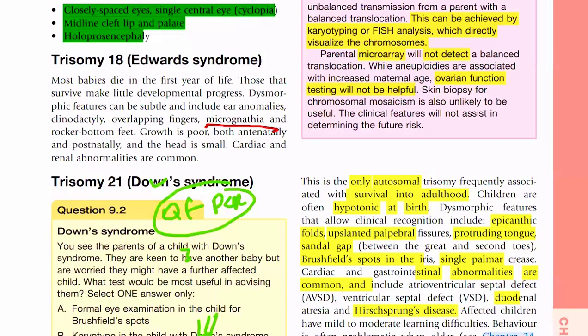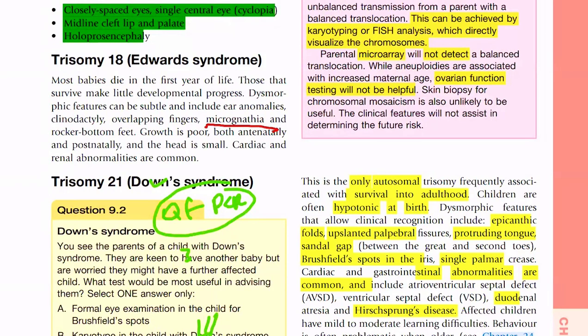Okay, what are the risk factors? Again here they have told you, but this table is extremely important. We need to know which type of test we want to do. The type of translocation, the risk of having a child with Down syndrome for parents carrying the most common balanced Robertsonian translocation involving chromosome 21.